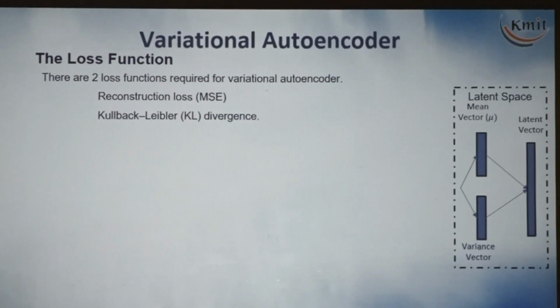Like this, there are so many metrics to find the differences. One of them is KL divergence. What is KL divergence? I cannot explain it at this moment. It is a very big concept, only to find the difference. Instead of using cross entropy, we will use KL divergence, right?